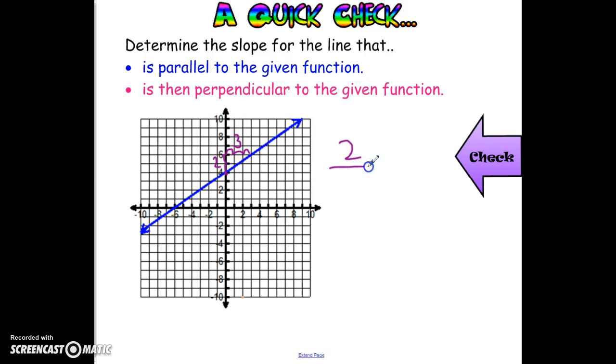So the slope of this line is 2/3. So if I want a parallel slope, it would be 2/3. If I want a perpendicular slope, it would be negative 3 over 2. And so that's what you're going to have to be able to do. So be sure you go and do your feedback form, and I'll see you guys tomorrow.